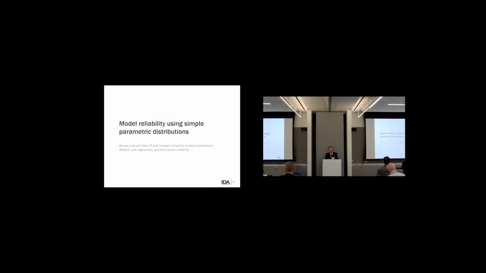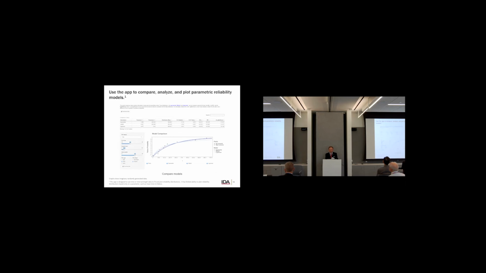And then one more. The reliability application models three different parametric distributions, the exponential, the Weibull, and the log normal, which are common long tail distributions that we sometimes use to model data of the form time to failure. So if you have a bunch of vehicles, for example, at a test, and you drive them all a certain number of hours, and you record when each one breaks, and maybe some of them don't break, typically you'll get sort of a long tail distribution.